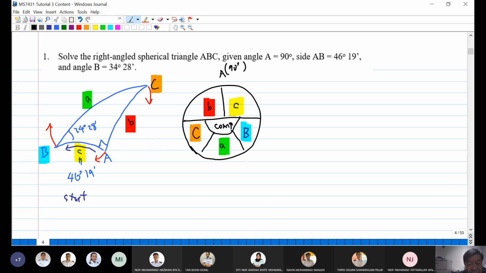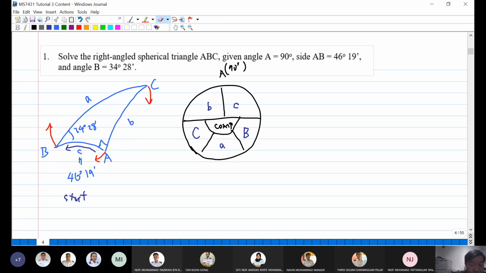So I want to see what are the things I can find now. Let's see. I'm going to erase all the color now. Okay, so fill in the numbers.